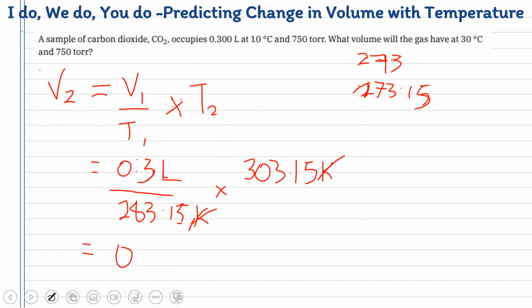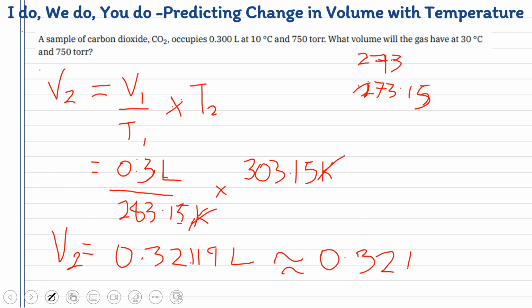I had 0.3221, it's a lot of decimals. I can just approximate it. That wavy sign simply means approximated. I'm going to have V2 equal to approximately 0.32 liters.